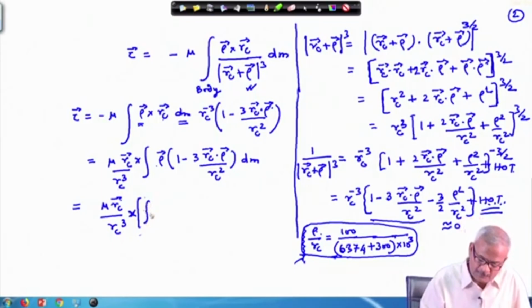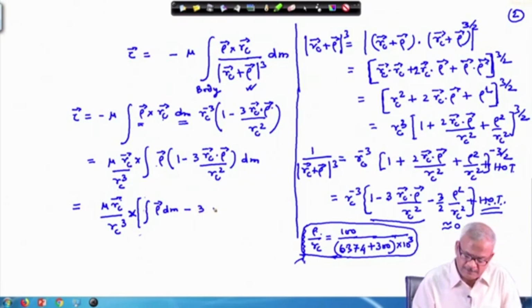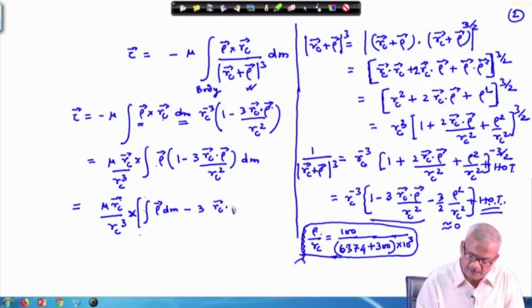This is rho d m minus 3 R c dot rho times rho by R c square, and this also we can write here, this is d m.